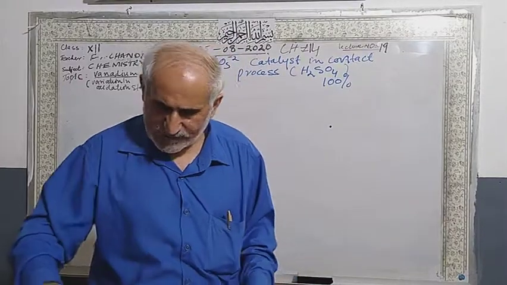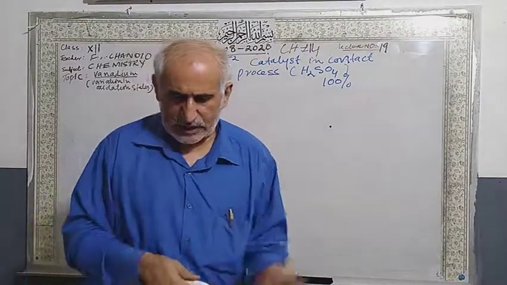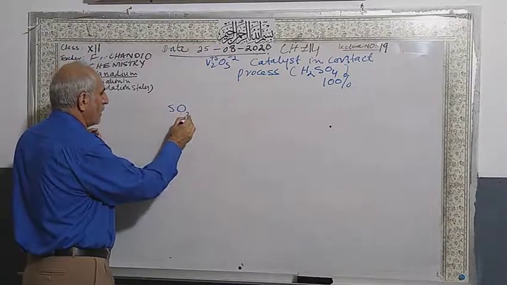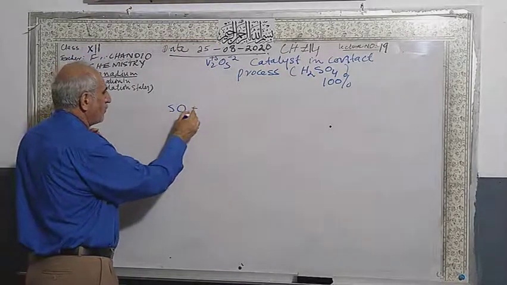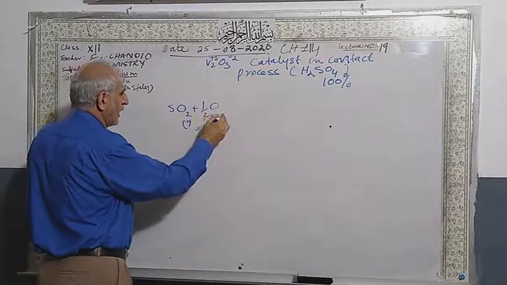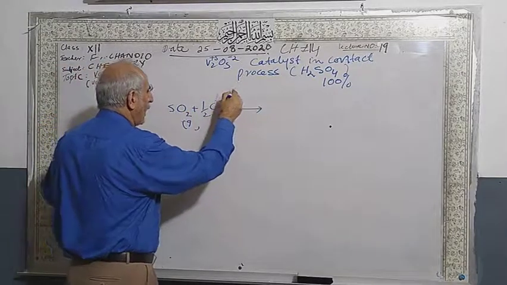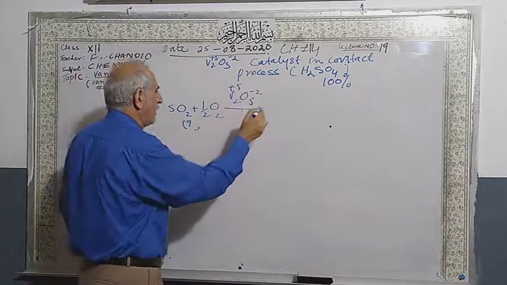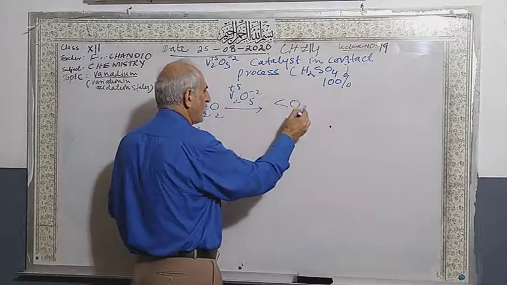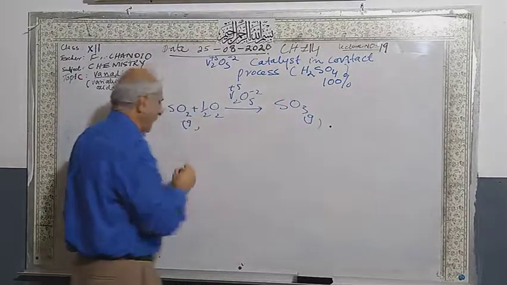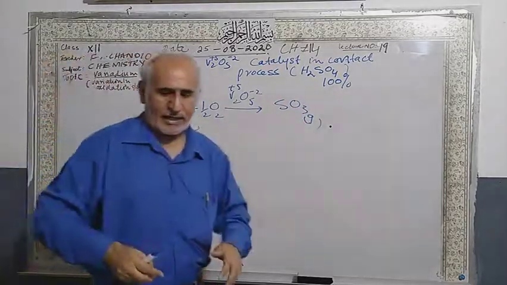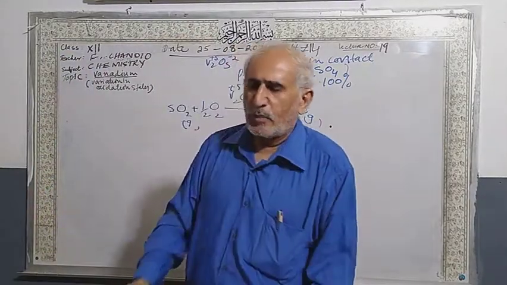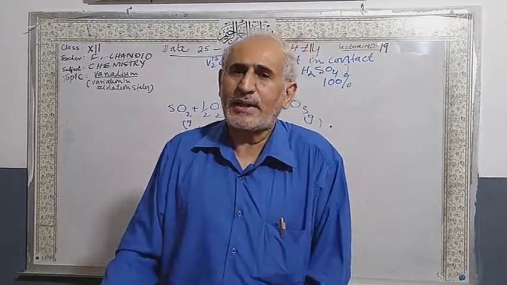So in the first chemical reaction you are seeing sulfur dioxide gas plus half oxygen gas, and the catalyst is vanadium pentoxide, with oxidation number positive 5 shown, and this changes into sulfur trioxide gas. Sulfur dioxide gas changes into sulfur trioxide gas. So we use vanadium pentoxide as a catalyst.